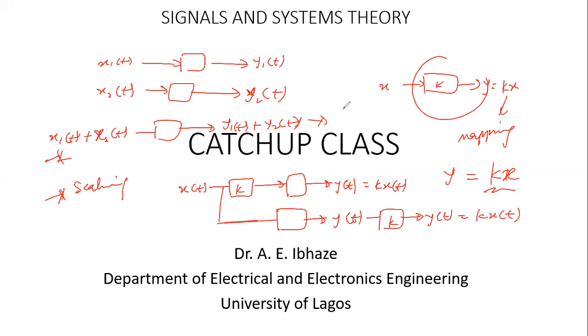But systems that don't obey these parameters, meaning they do not obey the principles of superposition, we say they are non-linear systems. And in practice, most of the systems we get to deal with in real life are non-linear systems. Interestingly, you must have been taught circuits, linear circuit elements, the lumped parameters, and all of that.